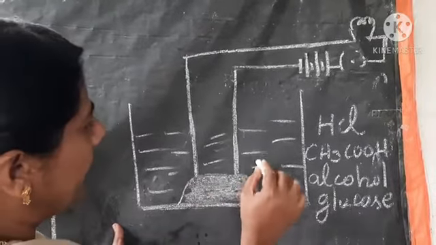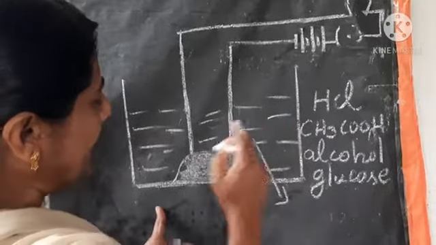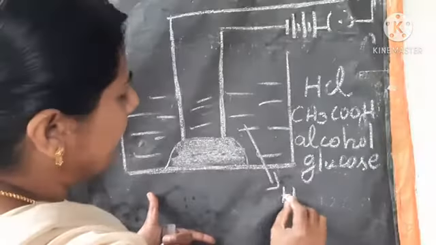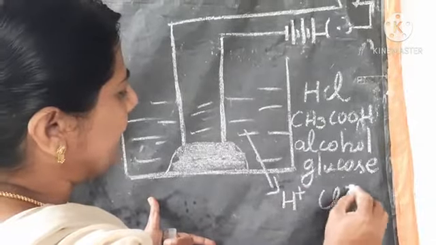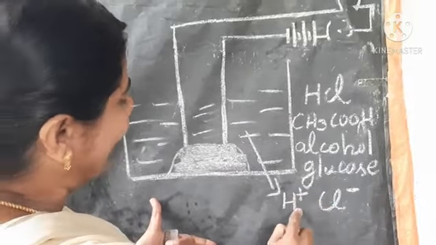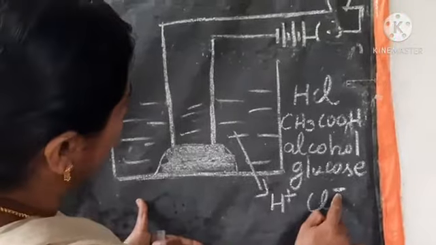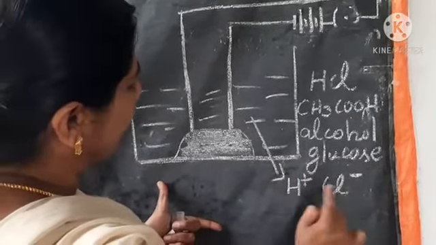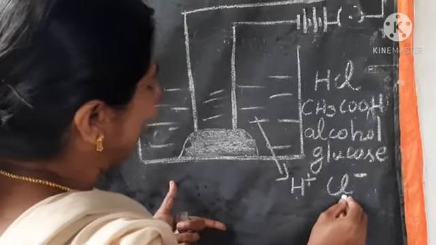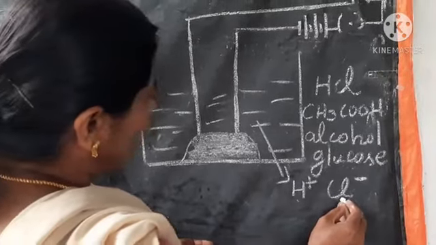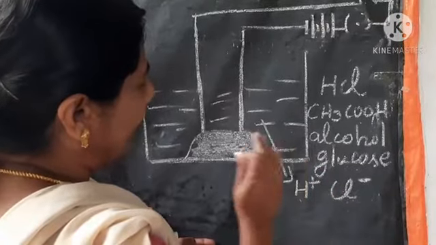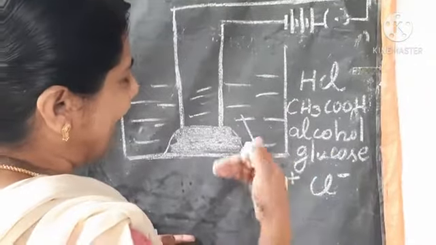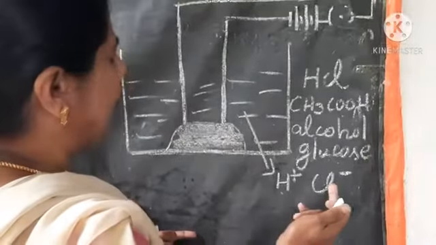When electricity is passed through the hydrochloric acid solution, it changes into H plus and Cl minus ions. H plus is the cation and Cl minus is the anion. The electrodes are different: the anode is positive, the cathode is negative. From this we can understand that when electricity passes through the solution of an acid, it ionizes to give two types of ions.